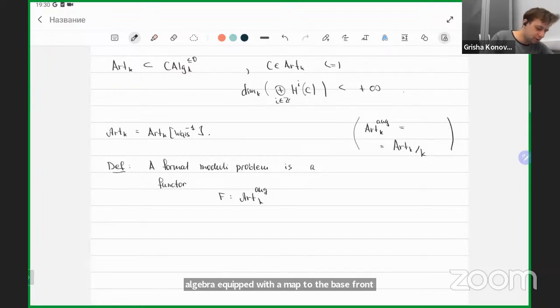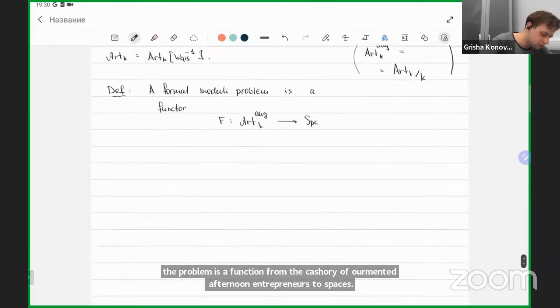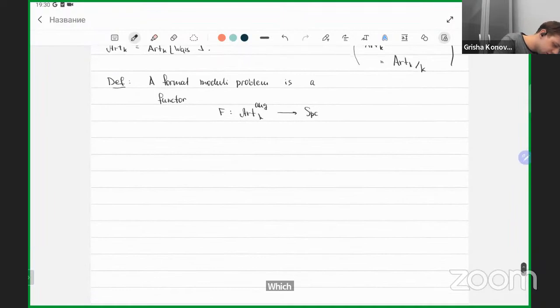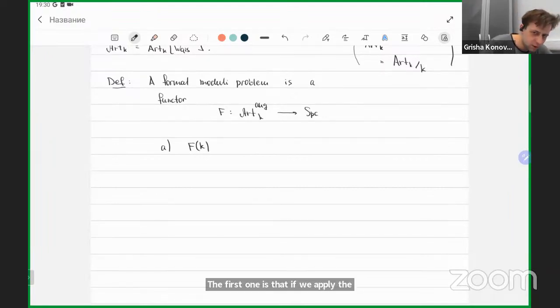And a formal moduli problem is a functor from the category of augmented Artinian algebras to spaces, which satisfies two conditions. The first one is that if we apply the functor to the base field, we shall get something contractible.